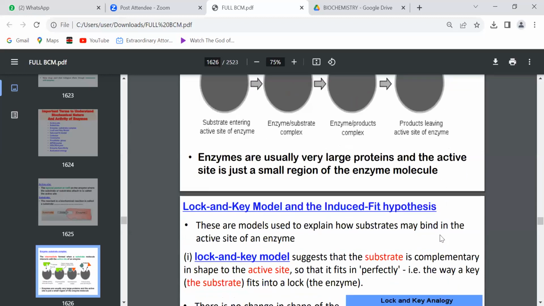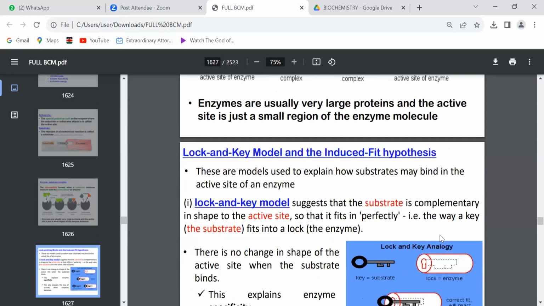So there are two hypotheses that we look at in the whole enzyme and substrate binding. That is the lock and key model and the induced fit hypothesis. In the lock and key model, it just assumes that a substrate and an active site on an enzyme can literally fit into each other.